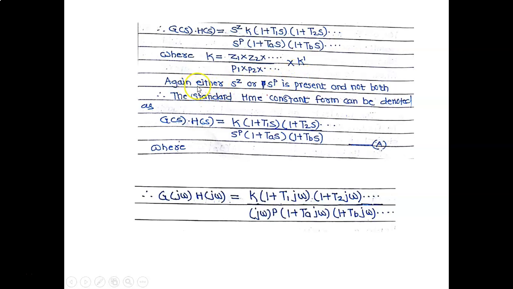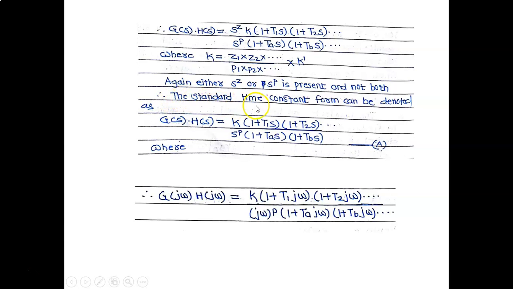Again, either s raised to z or s raised to p is present and not both. S raised to p is known as pole at origin, s raised to z is known as zero at origin, (1 plus T1s) is known as simple zero, (1 plus Tas) is known as simple pole.